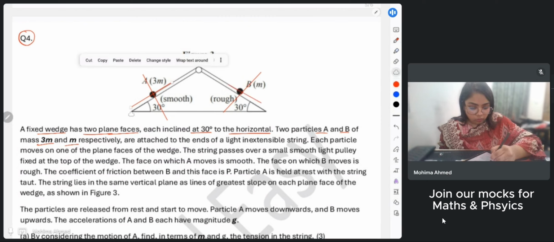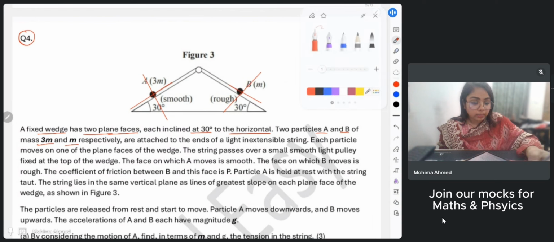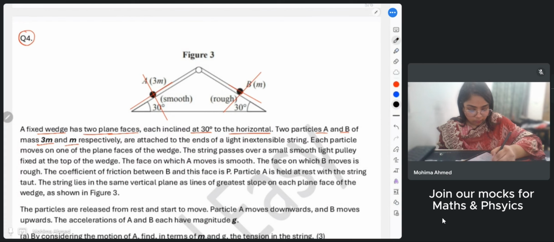If your object is on an inclined plane, your vertical plane should also be perpendicular to that inclined plane, not to the horizontal plane. They were all creating 30 degrees, so weight with the vertical plane will also create 30 degrees. Over here, it's going to have a weight of 3mg, and it's going to create 3mg cos 30 degrees.